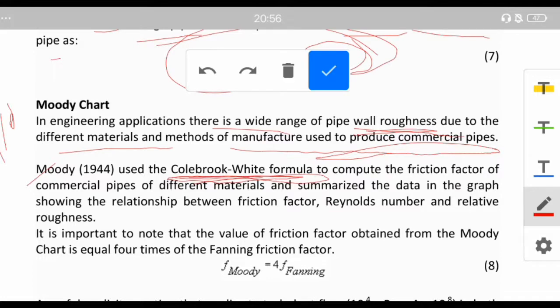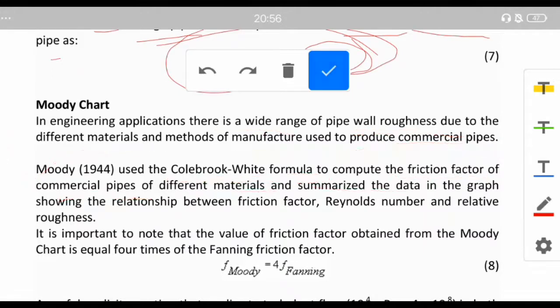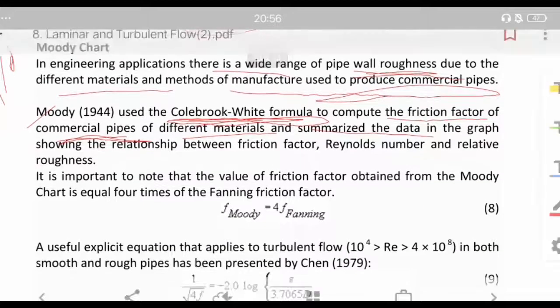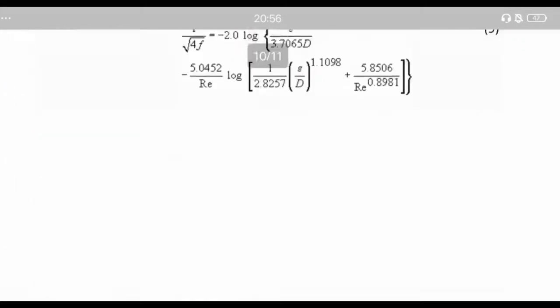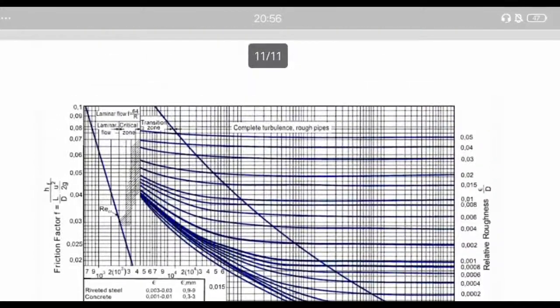To compute the friction factor, Moody used this for the commercial pipes of different materials and summarized the data in the form of a graph showing the relationship between friction factor, Reynolds number and relative roughness. So here is the graph.